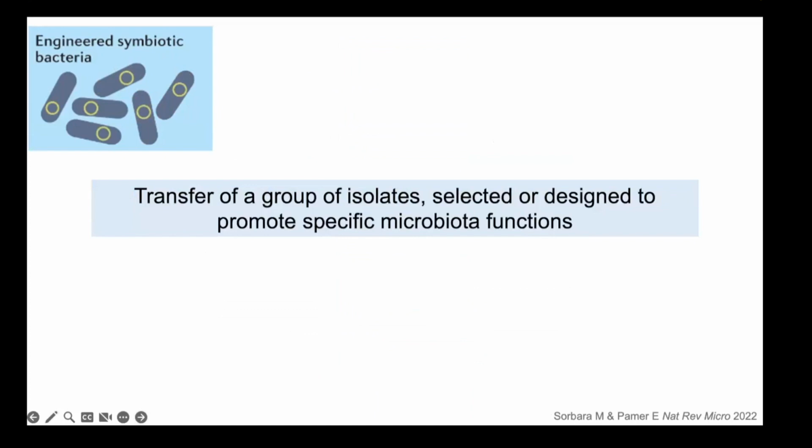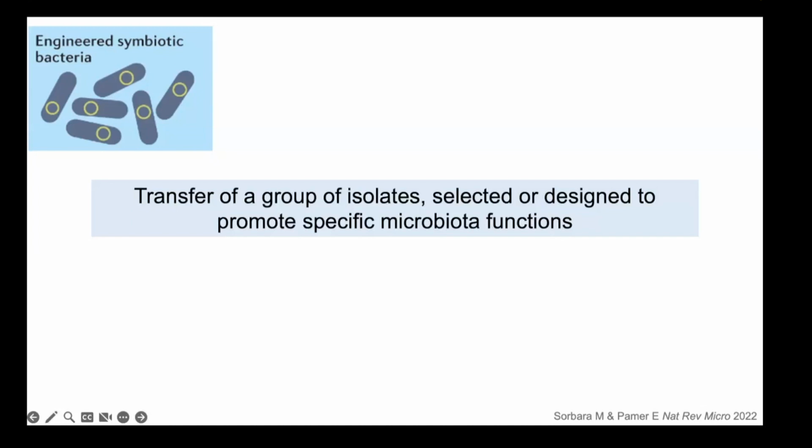So engineered symbiotic bacteria. So this is a transfer of a group of isolates that have been designed and selected and engineered to promote specific microbiota functions. So the difference between this and the consortium is not only are you transferring select isolates, but these isolates have been genetically engineered or genetically manipulated, for example, through use of CRISPR-Cas9, in a way that is thought to maybe be restorative to the microbiome.